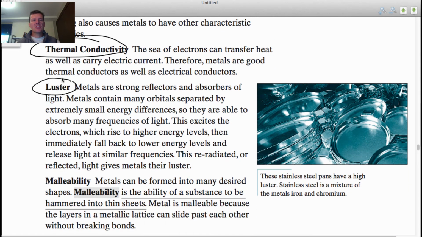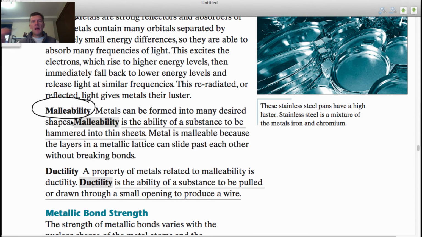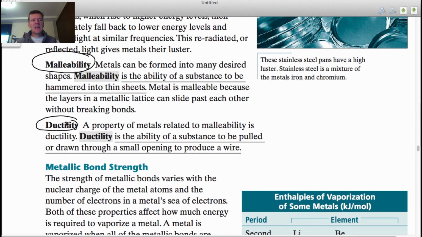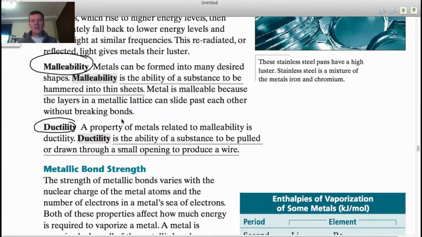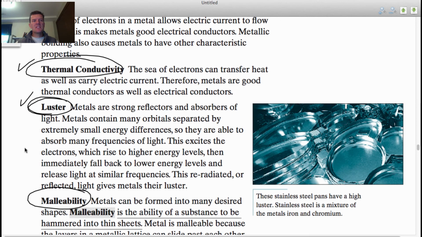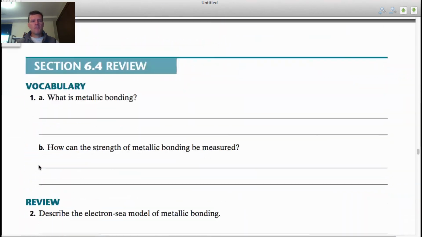They have a shine to them. They are malleable, meaning you can reform them. You can pound them into thin sheets like aluminum foil. They're ductile, meaning you can stretch them out into a wire. Okay? That's all I want you to know there. I want you just to know that metals have free-flowing electrons and have these different properties.